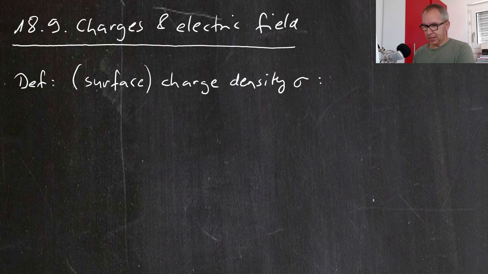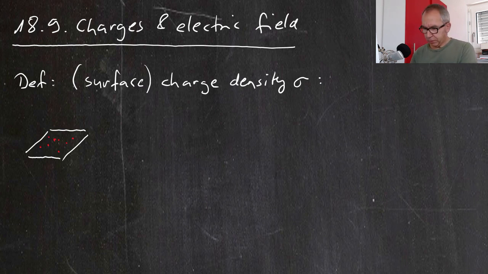What is the so-called surface charge density, or just the charge density? The name actually just tells you it is the density of the charges on a given surface. If you have an area given, you might have a certain amount of charges on it. And the charge per area is given as the charge density.